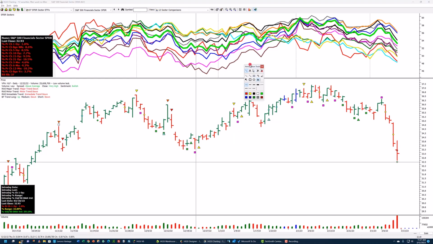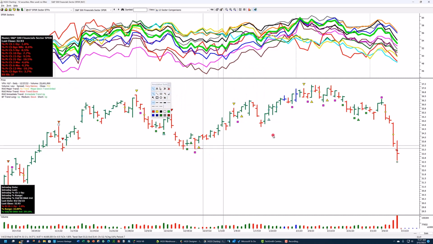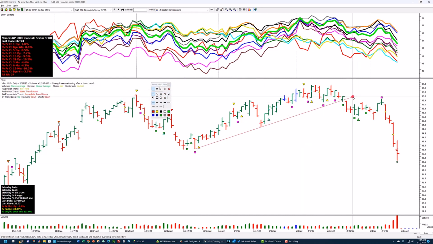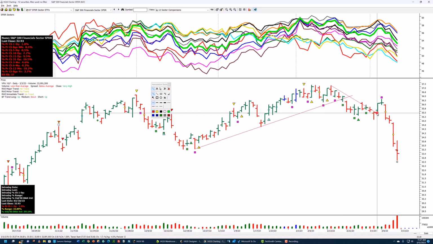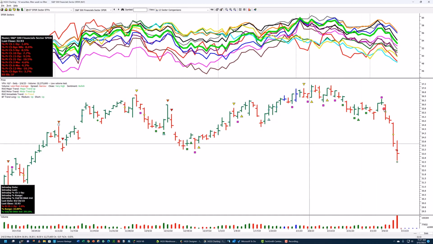Just bring up your alternate A key. If you want to draw a trend line, you can do that. But it's just a clean chart. Getting rid of the trend lines and so on, you can see the VPA flags.